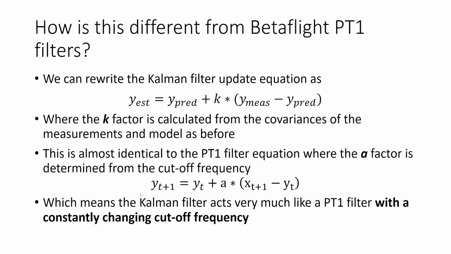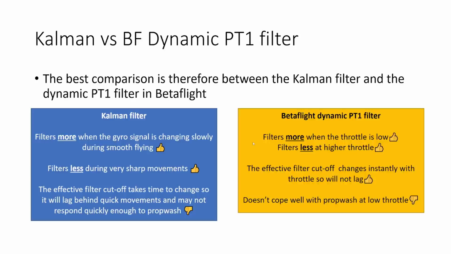And what this means is that the Kalman filter acts very much like a PT1 filter, but it has this constantly changing cutoff frequency, this constantly changing K value. So the best comparison is therefore between the Kalman filter and the dynamic PT1 filter in Betaflight.